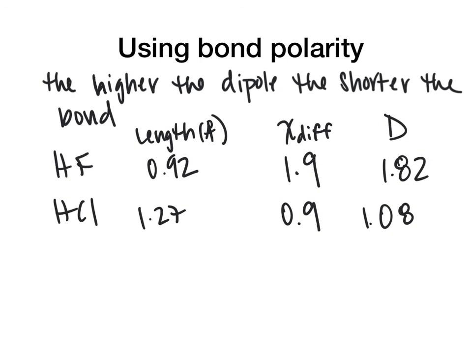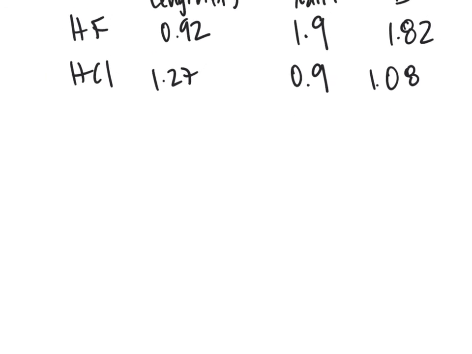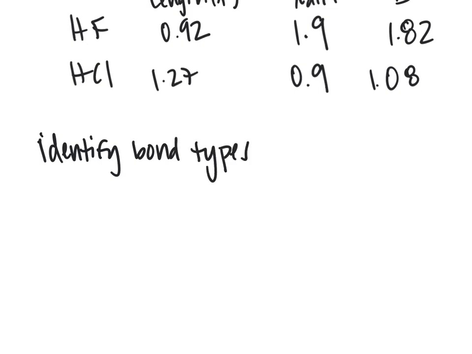The other way we can think about bond polarity is that we can identify bond types. As we get further along in this course, we're going to be able to determine the polarity of complex systems.